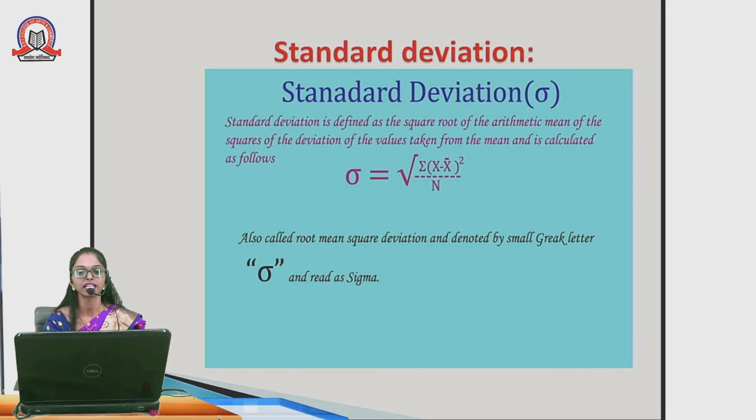Sigma is the Greek letter. Sigma is equal to square root of summation of (x minus x bar) the whole square divided by n. In the standard deviation, we consider x bar as the mean, mode or median. Use any value for the x bar.